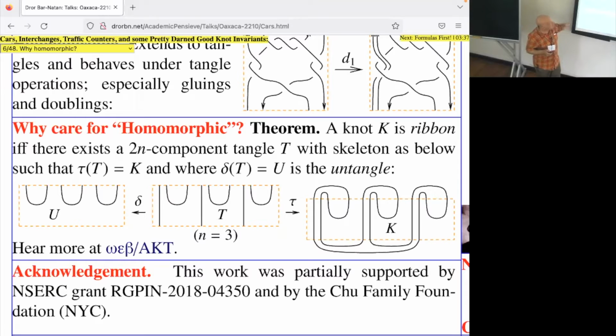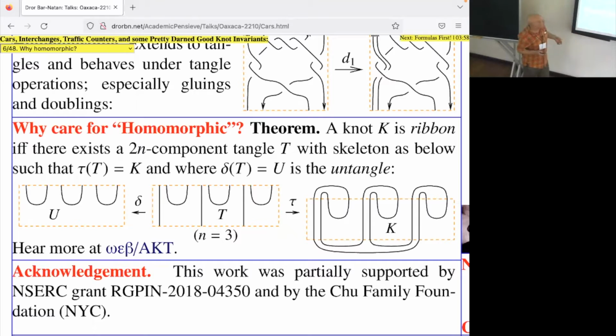So a knot is ribbon if there exists a 2n component tangle T with this skeleton, which really means that it has 2n strands, n of them go from bottom to top, and n of them go from top to top in this order.